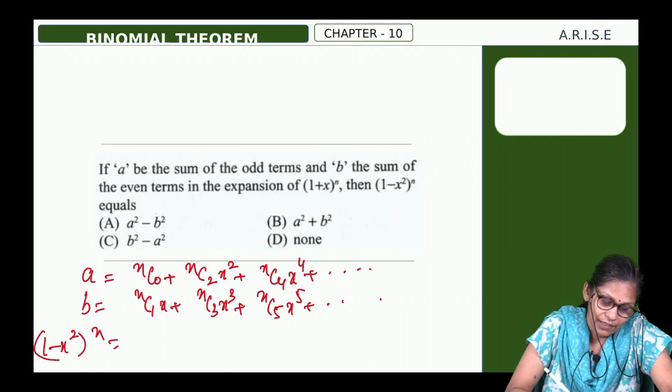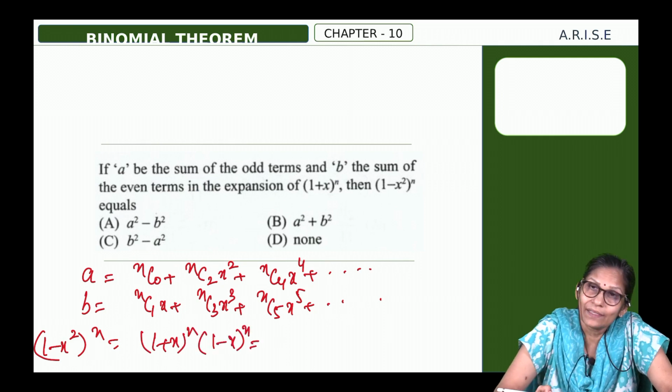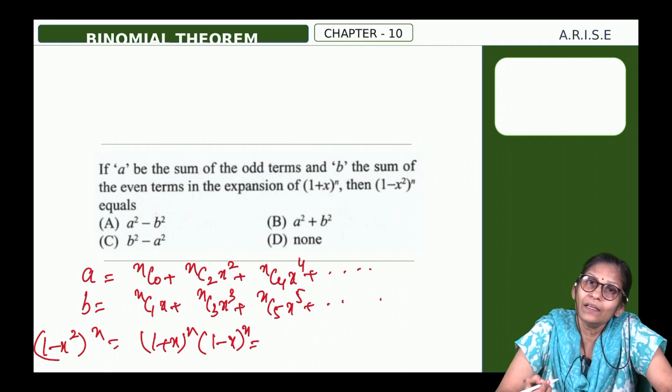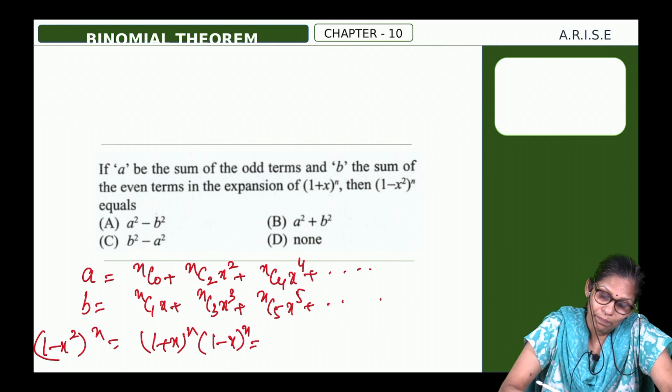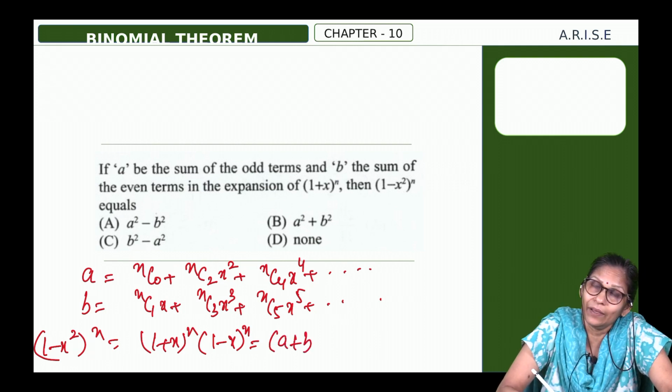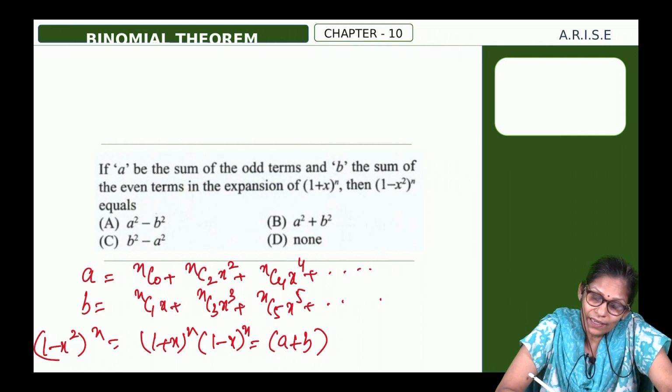What is that? Isn't it (1 plus x) the whole raised to n into (1 minus x) the whole raised to n? What is (1 plus x)? It is nC0 plus nC1 x plus nC2 x squared plus nC3 x cubed. Basically 1 plus x is just A plus B. What is (1 minus x)?